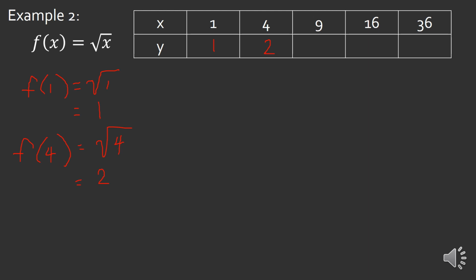Next, 9. F of 9 is equal to square root of 9. Square root of 9 is equal to 3. If x is 9, y is 3. Next value, 16. So f of 16 is equal to square root of 16.